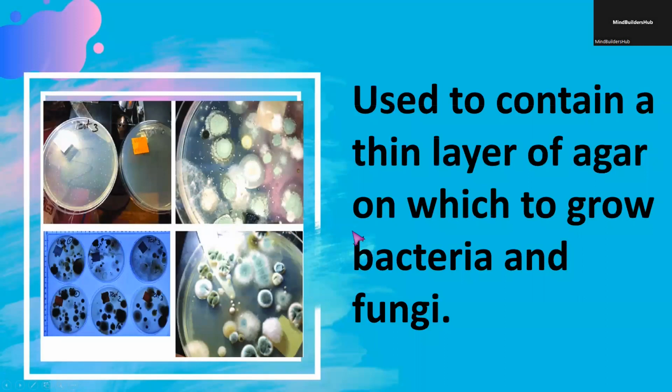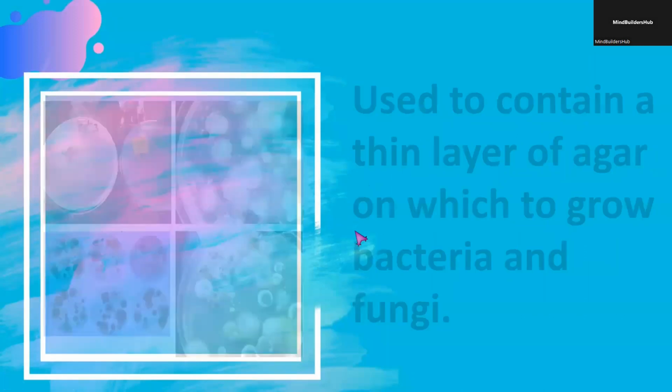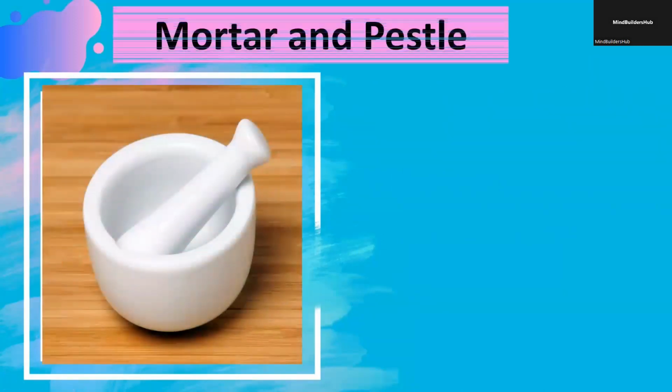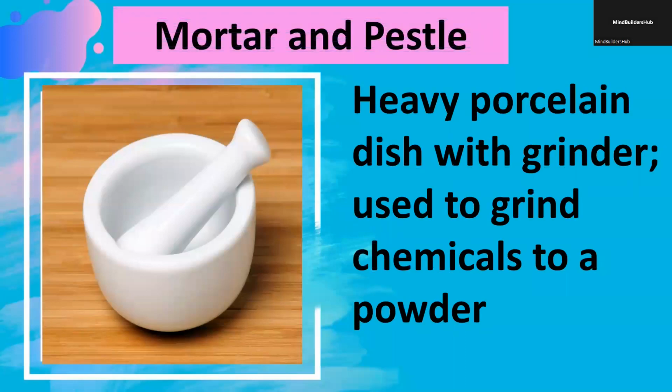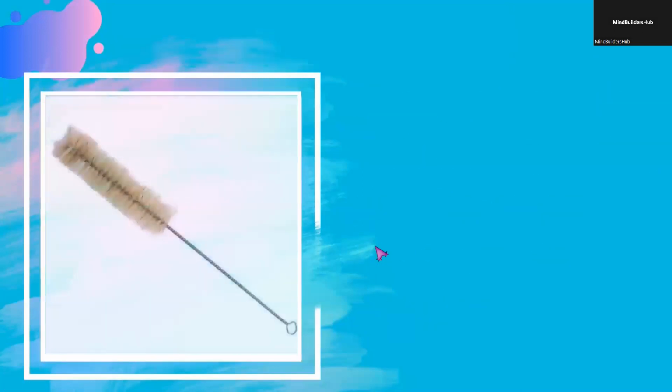It is used to contain a thin layer of agar on which to grow bacteria and even fungi. That's the use of the Petri dish. Next is the mortar and pestle. It is a heavy porcelain dish with a grinder used to grind chemicals to powder or to pound chemicals into powder.